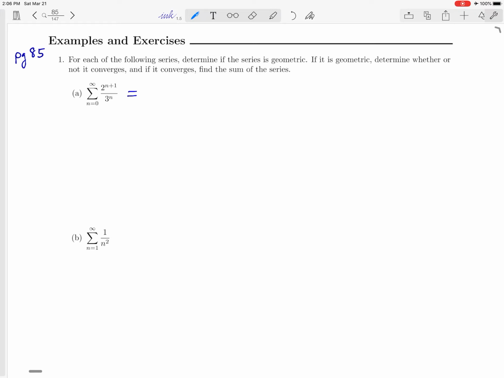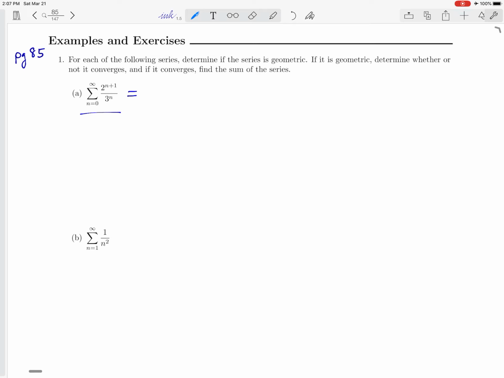So this is the first time we are just starting with the expression, the sum for our infinite series. And so we need to get a feeling for what really are the terms in this series. And so let's just write it down. Let's just write down what happens when n is equal to 0, and then what happens when n is equal to 1, when n is equal to 2, and so on.